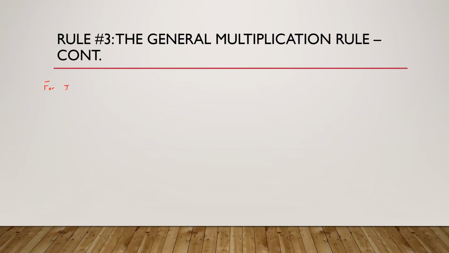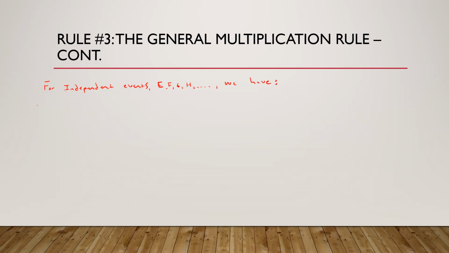So for independent events E, F, G, H, however many, not just two, it could be 4, it could be 6, it could be 1,000, it doesn't matter, we have the following.